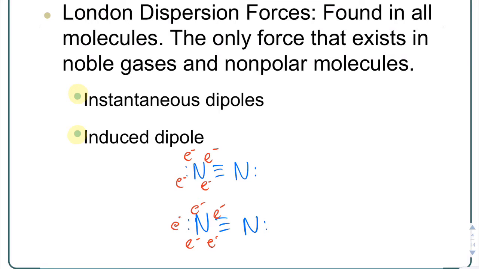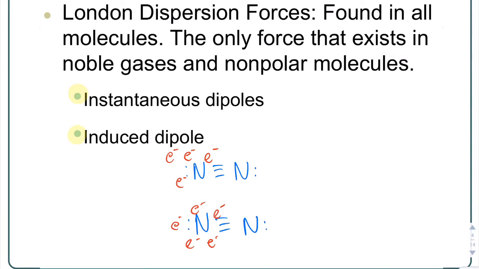And so occasionally, just through random chance, you might end up in a situation where you have more electrons on one side of a nitrogen than you do on the other. So just through random motion, for a brief moment in time, because we know it's not going to want to stay like this because you have too much negative, they're going to try and spread themselves out.